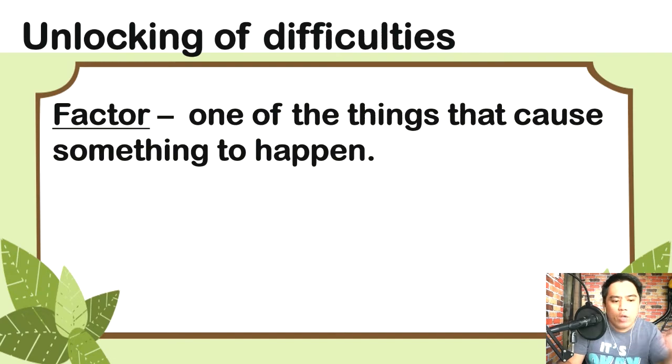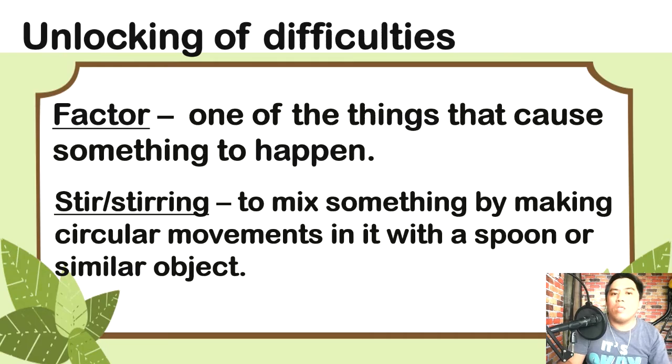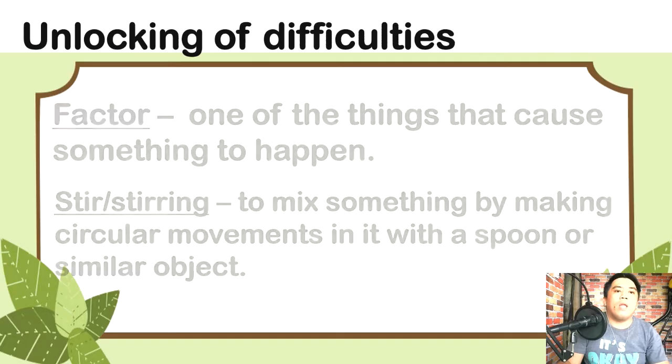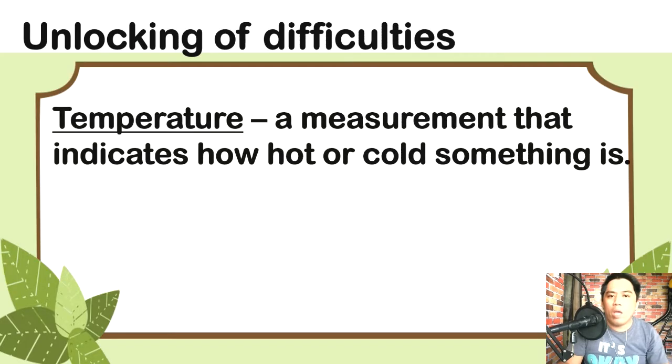It is the reason why it happens. Next, stir or stirring, to mix something by making circular movement in it with a spoon or similar object. So, stir or stirring means paghalo.